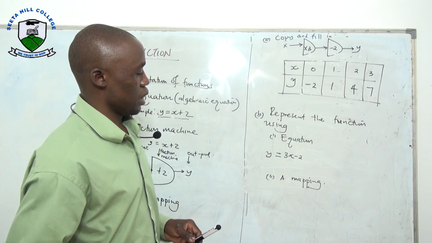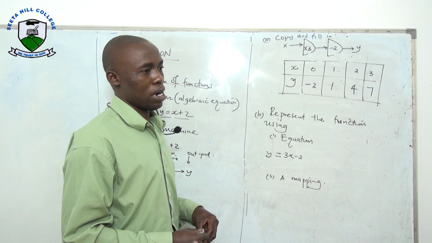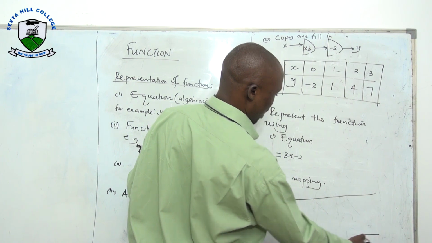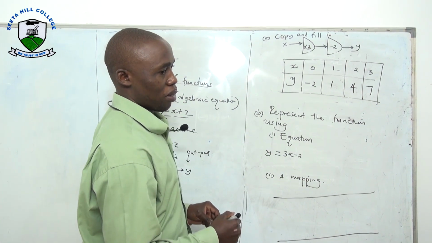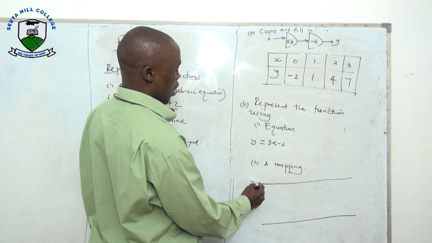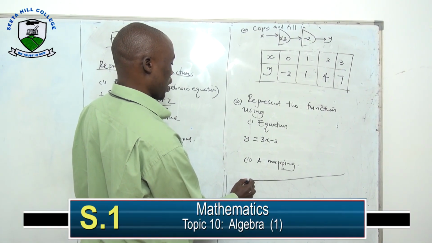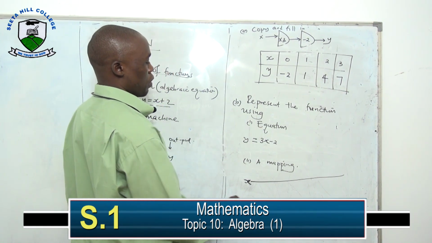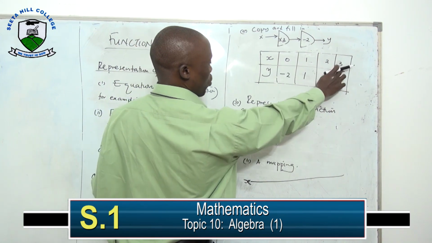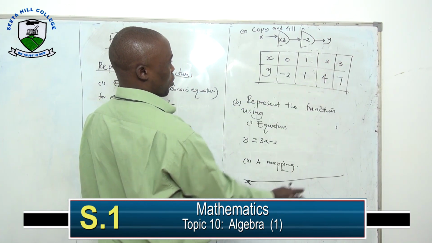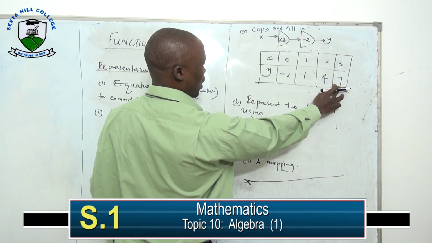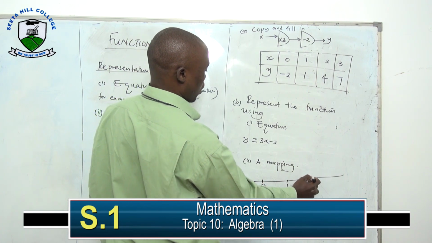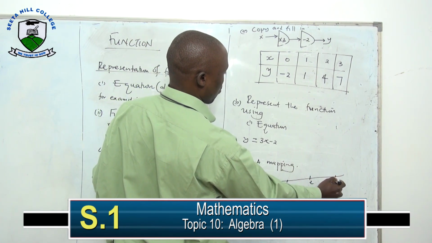Now let us see as a mapping, how does it become? As a mapping, we would have one scale having x values and another one y. Our x values are 0, 1, 2, 3, because this scale ends on 7.